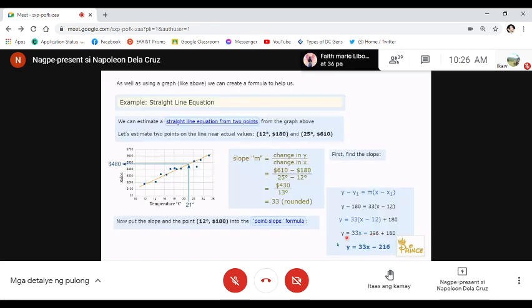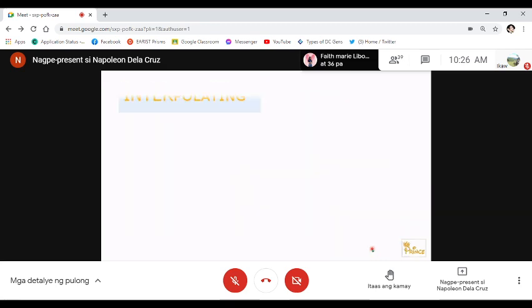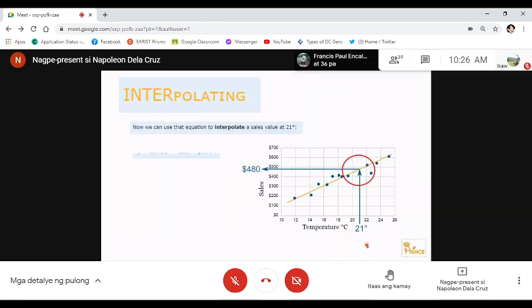So from the equation of the line, we will substitute this to x: 33 times 21 degrees minus 216. So therefore, 477. To be exact, this is 477. It's just there.